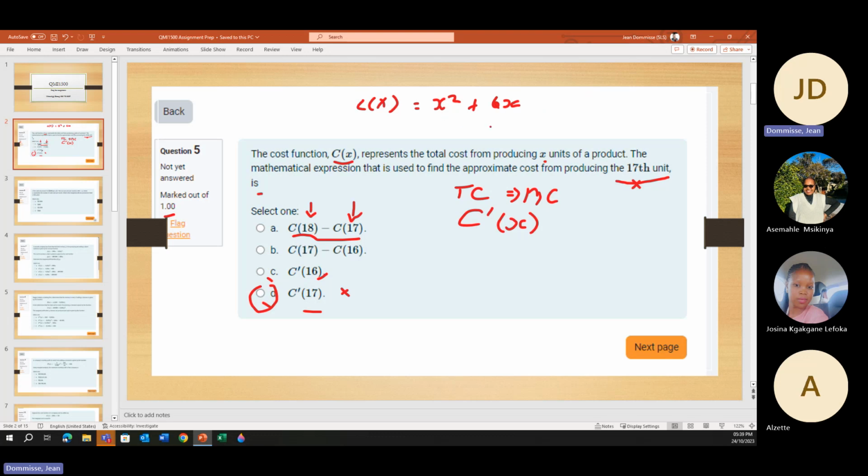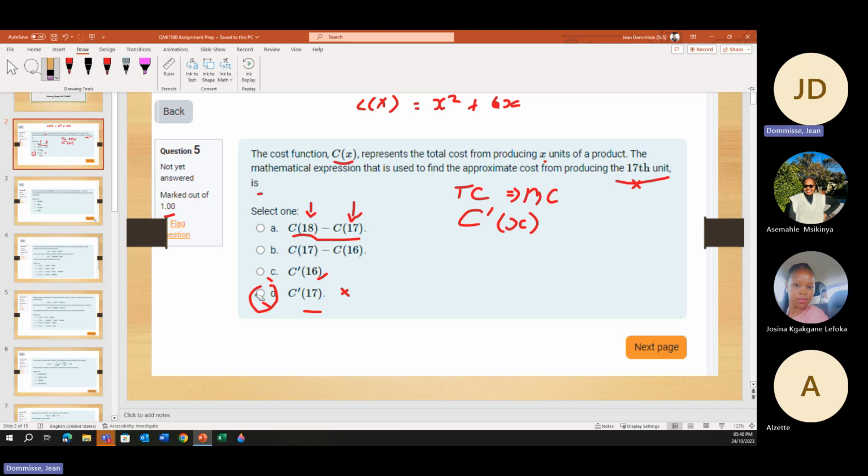If I put in 17... Let's quickly do a few things.